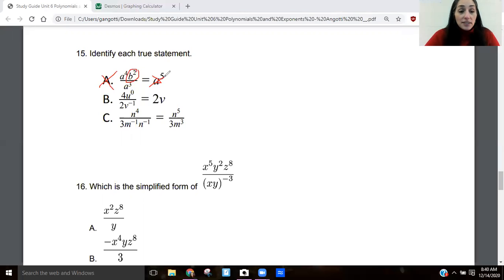All right, now this one's kind of interesting. Let's see, so you have 4 divided by 2. This u to the 0 is just gonna go away. That's just gonna become a 1. 4 divided by 2 is 2. Now, the v to the negative 1 down in the denominator would be like doing, goodness, let's see.